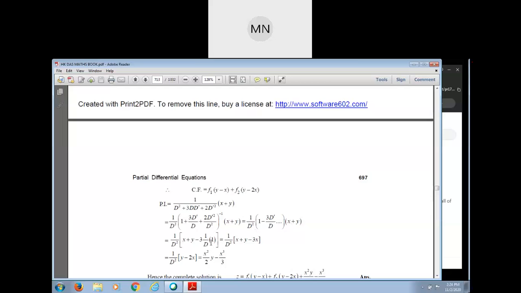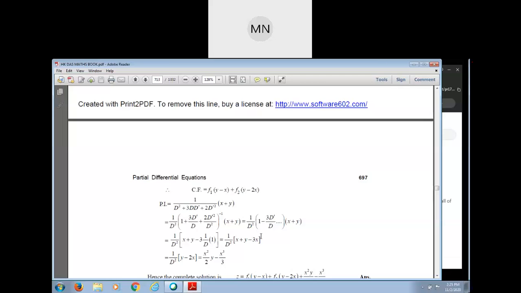Okay. So 1 by d is what? D means what? Differentiation, with respect to x. And 1 by d indicates what?